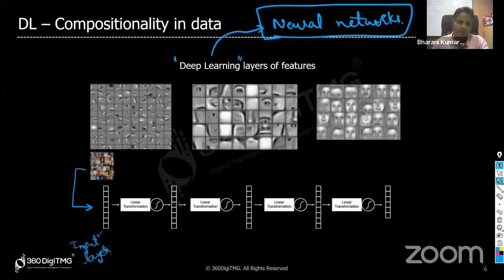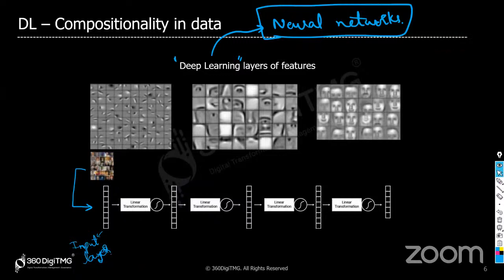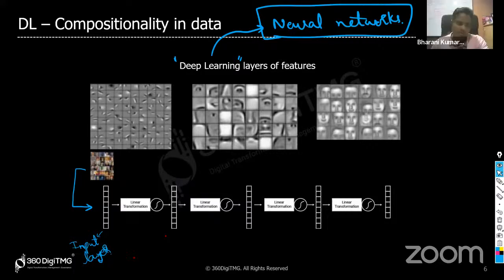When you supply images to this input layer, it will take the images and send them to the next layer. And this next bunch of layers are called hidden layers.